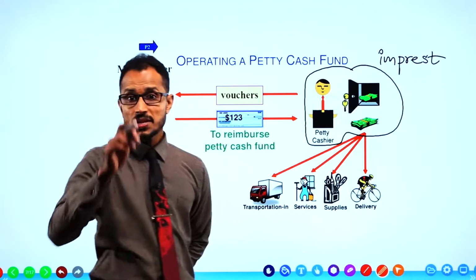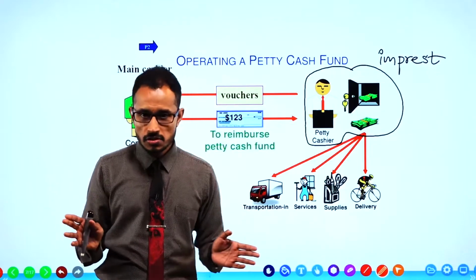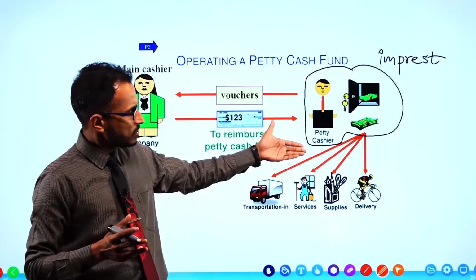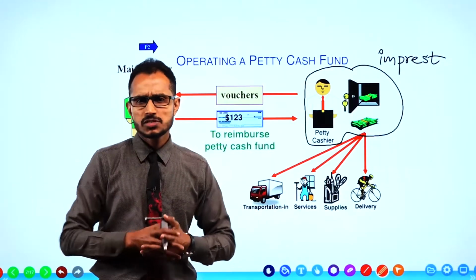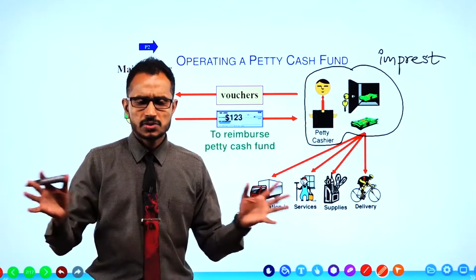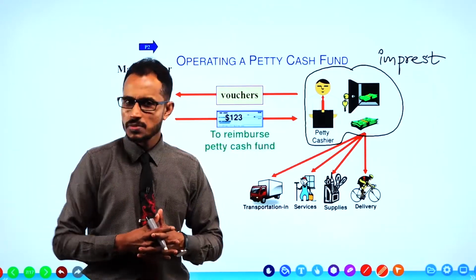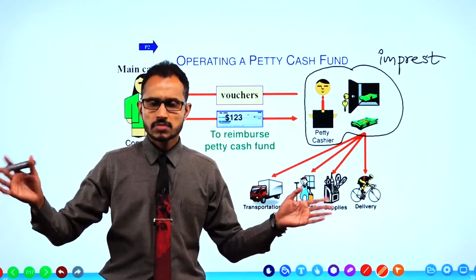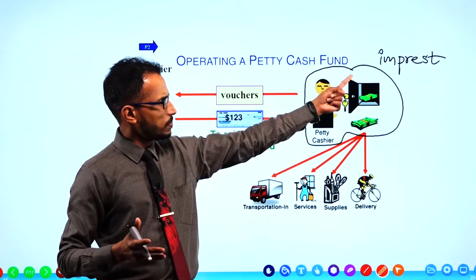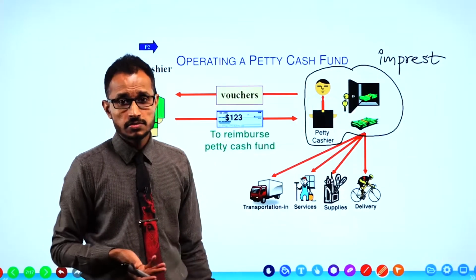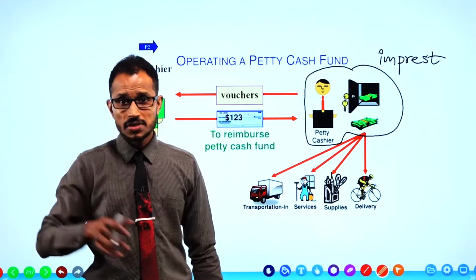In this imprest, children, there can be any amount of money. It differs from business to business. Sometimes in a large scale business, the petty cash imprest, the float, can be 100,000 or even 150,000.